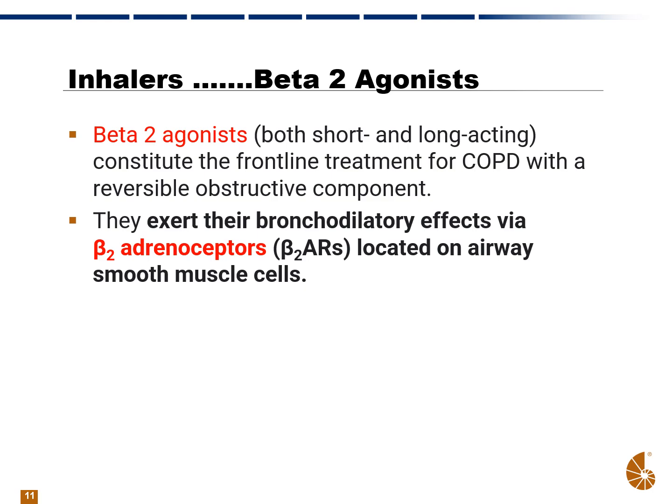Some people with COPD really don't respond to much medication because they don't have much of a reversible component because they have chronic disease that's kind of fixed. But some people have a portion of their obstructive disease which is reversible, and a beta-2 inhaler would be helpful. So that's what's prescribed.